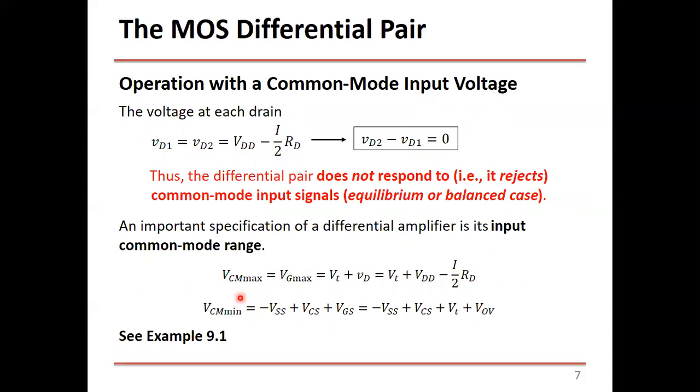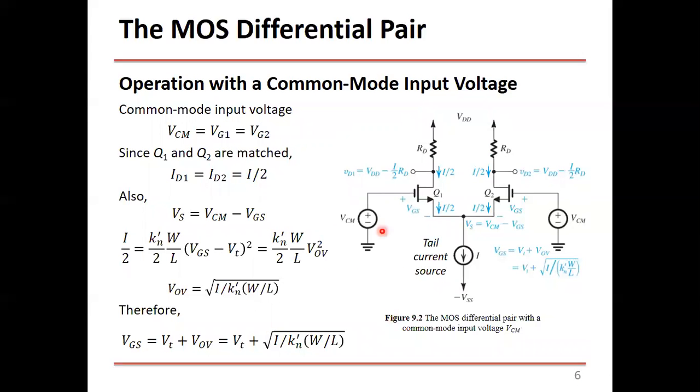This is the maximum. How about the minimum? Well, let's go to the circuit again. What is the minimum value of this voltage? Well, the minimum value has to agree with the KVL. If you do KVL here, VCM equals VGS plus the voltage across the current source plus minus VSS.